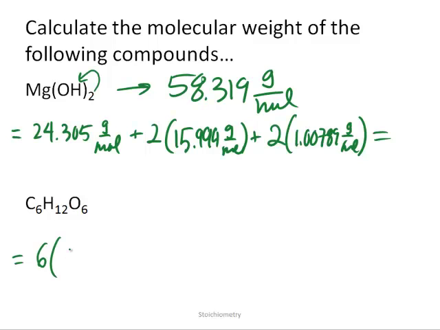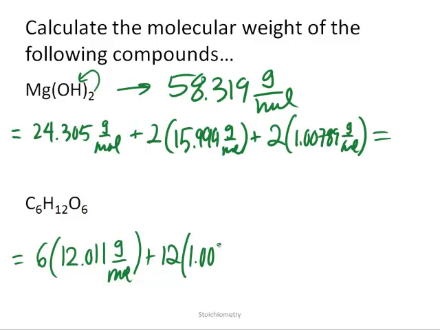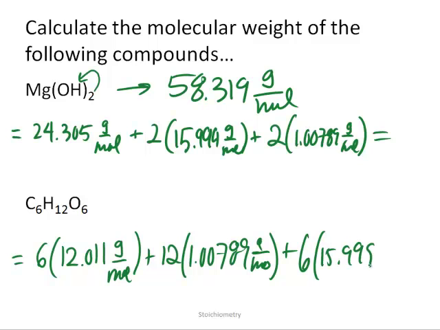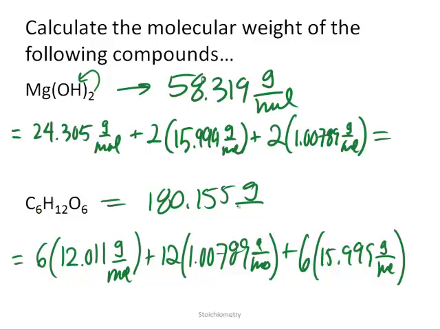So it just clearly shows that there's 6 carbon atoms, so we're going to add 6 times 12.011 grams per mole, plus 12 times 1.00789 grams per mole for hydrogen, plus 6 times 15.999 grams per mole for oxygen. So that gives us a total of 180.155 grams per mole.